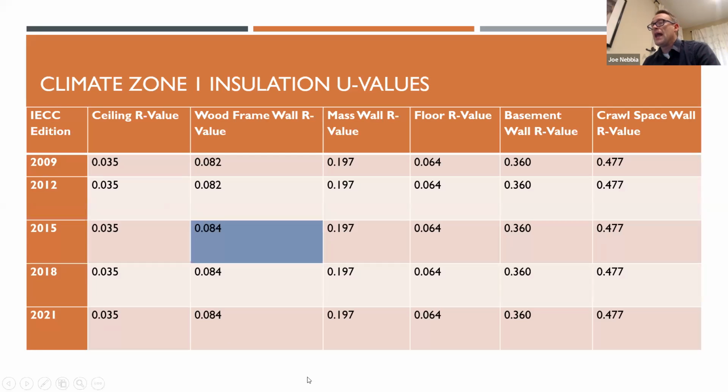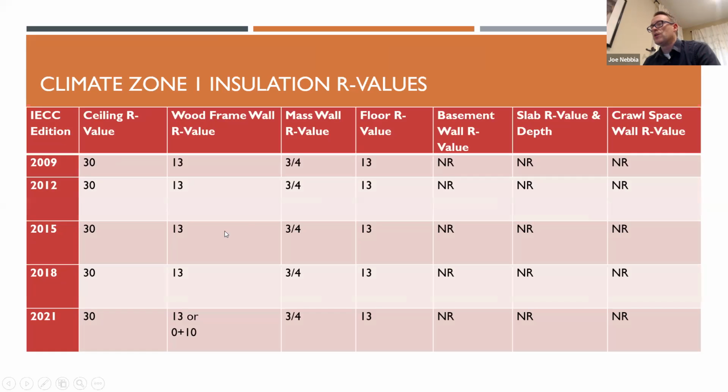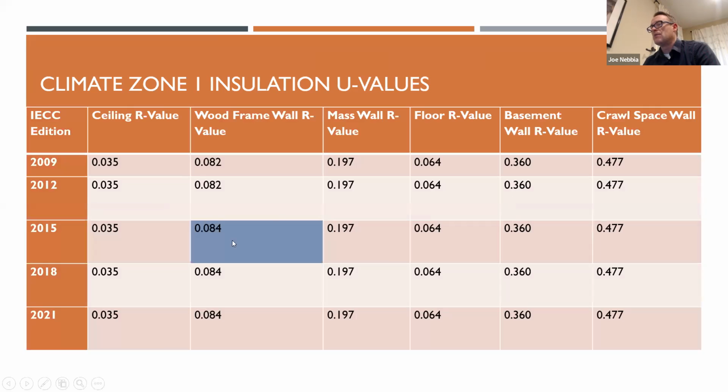One thing that I'll point out in this table is that you'll see a change, where you don't see one in the R value table, in the wood framed wall R value, or U value, excuse me, those should all say U value, in Climate Zone 1, because this 0.084 is different than the 0.082 for a wood framed wall with R13.